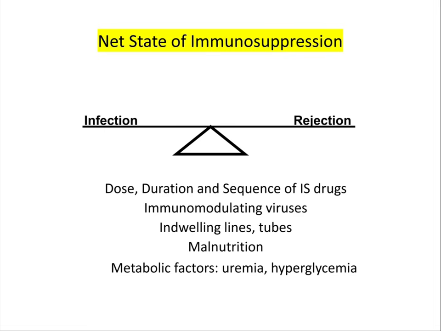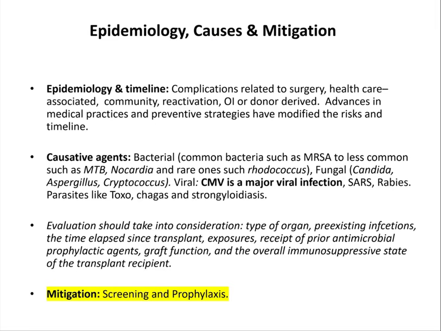They may potentiate the onset of other infections, or they may exacerbate rejection. So when you're approaching that patient, you're thinking, how immunosuppressed are we talking about? And these are the factors that you have to think about.